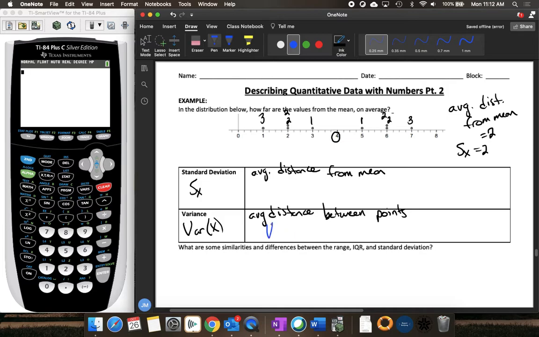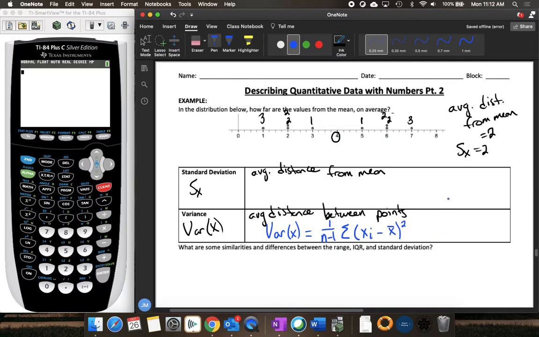So the variance of your variable x is equal to 1 divided by n minus 1, where n represents the number of terms, multiplied by the sum of all of your data values, x sub i, minus your mean, x bar, squared.